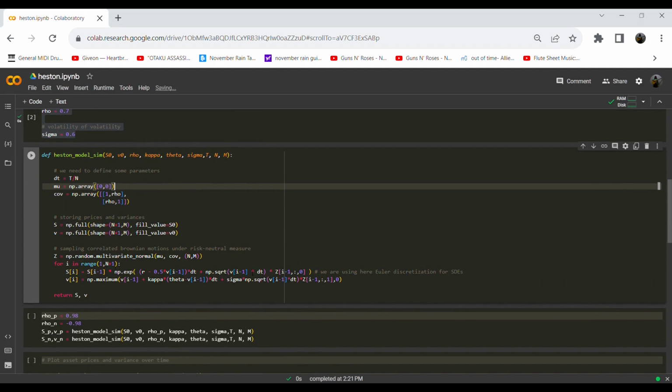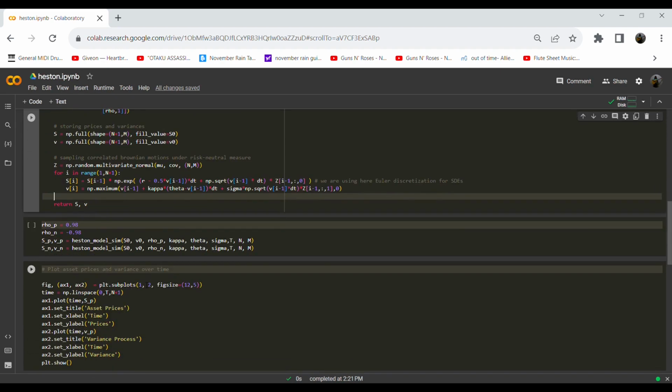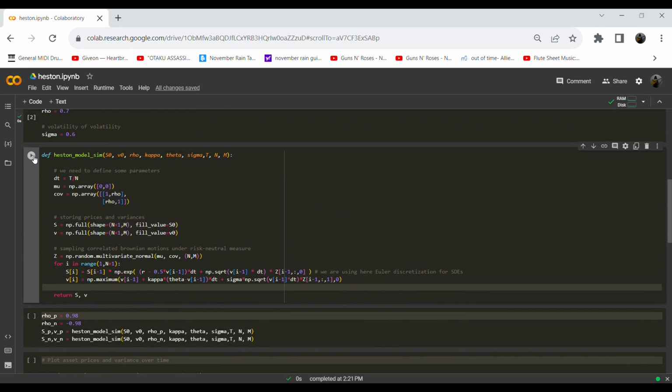One thing here is that for the process defining the evolution of the underlying stock price, we are going to define it considering the Euler discretization for stochastic differential equations. You can just research what Euler discretization for stochastic differential equations is. It's basically this form we are considering here. Okay, so let's run the cell that defines the Heston model.